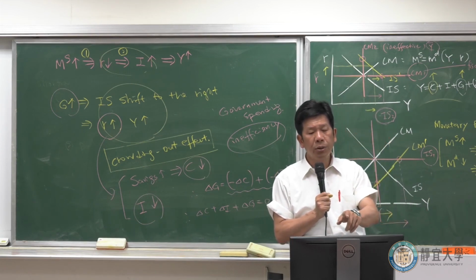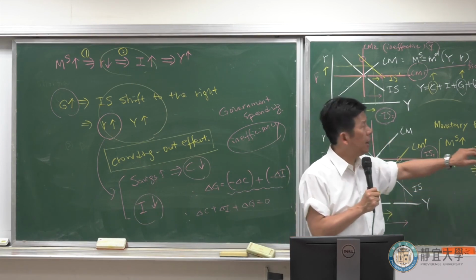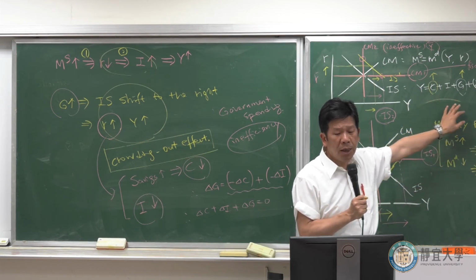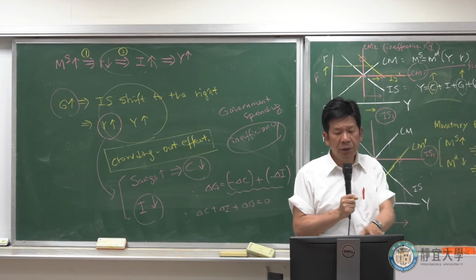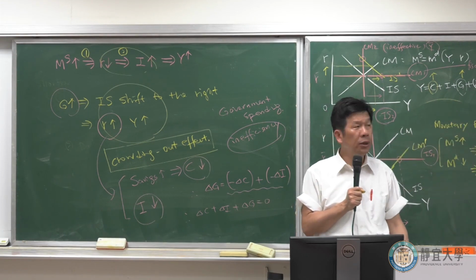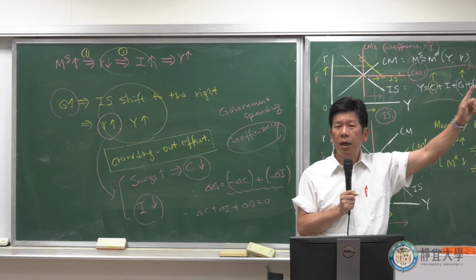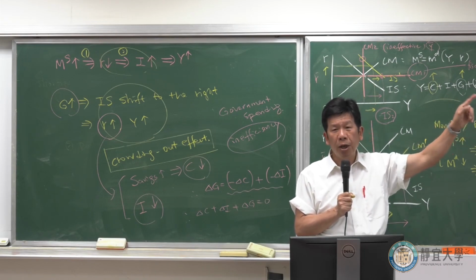Y equals C plus I plus G plus X minus N. And after that you can look at the fiscal policy variables, including G and T. G is government spending, T is the tax.